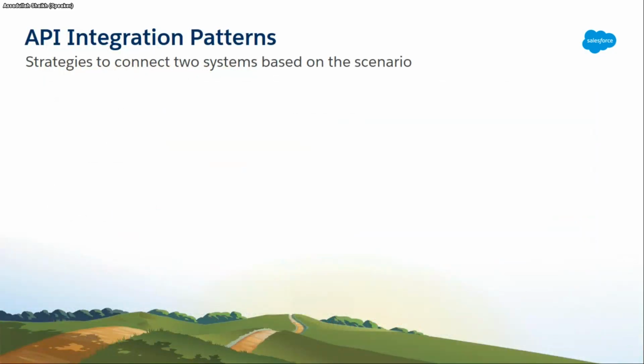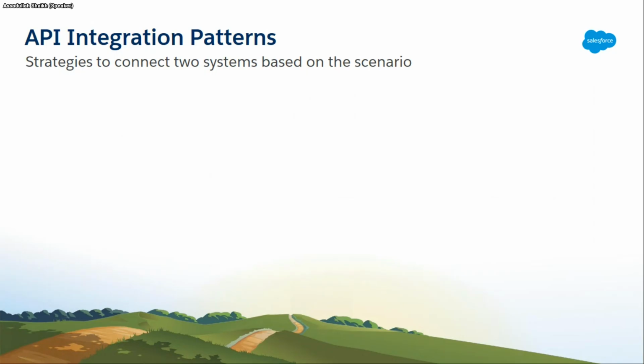So before we talk about how these integrations will be implemented programmatically, we first design the integrations, right? So what are the integrations going to be? What will be the strategy to connect two systems? That particularly depends upon your scenario.